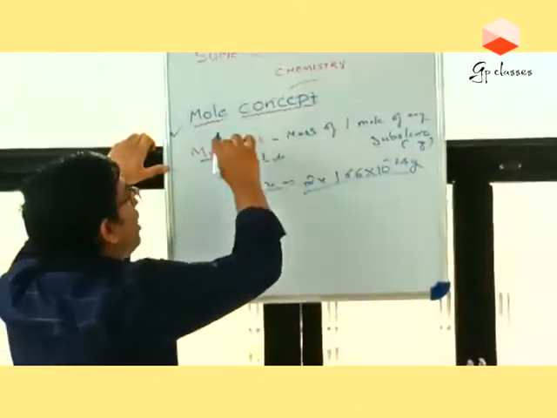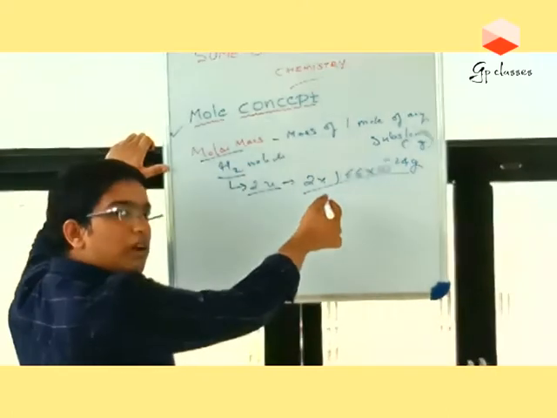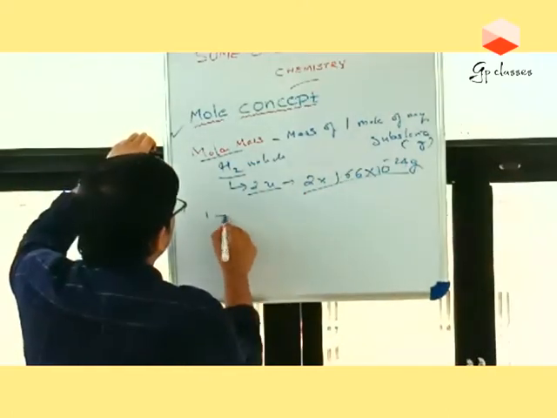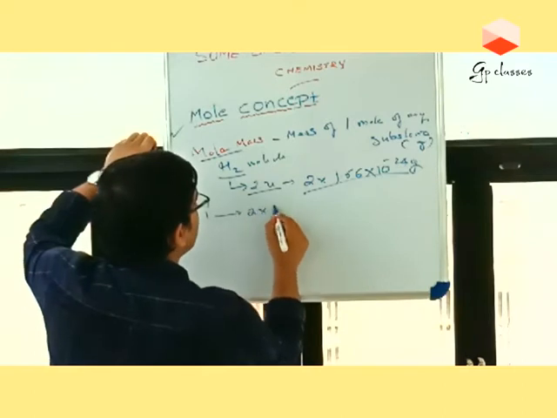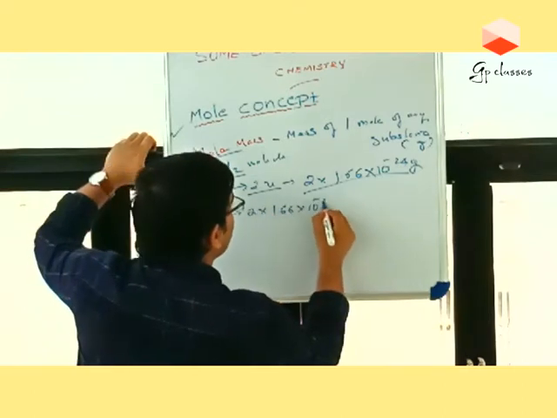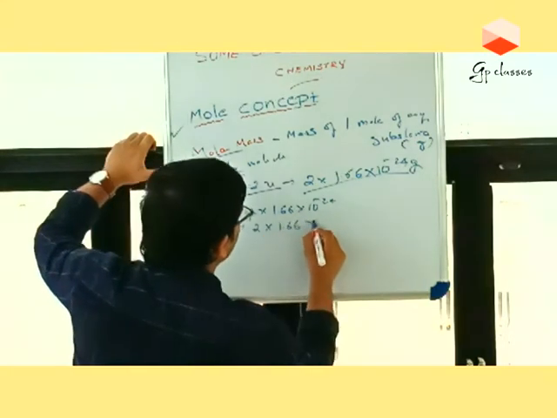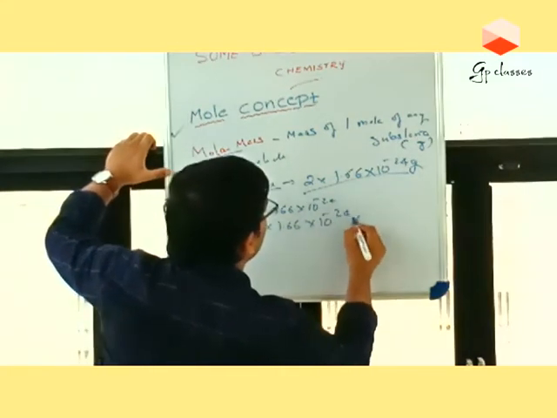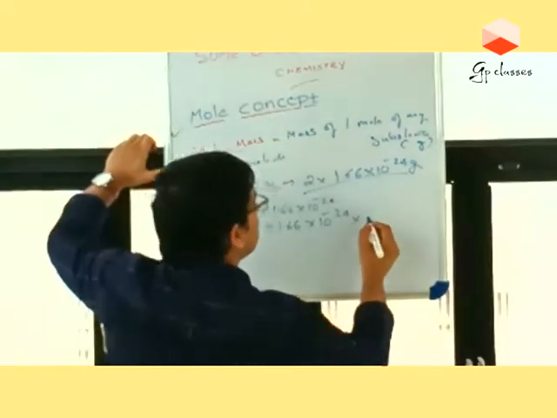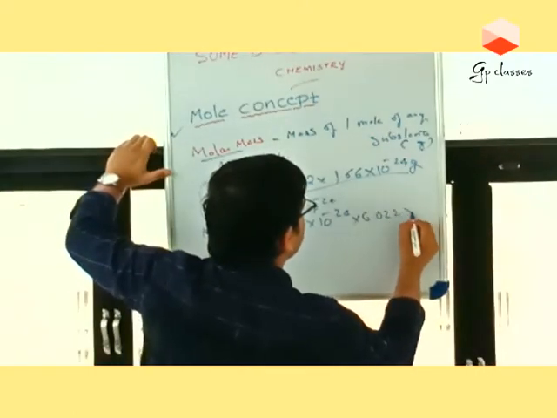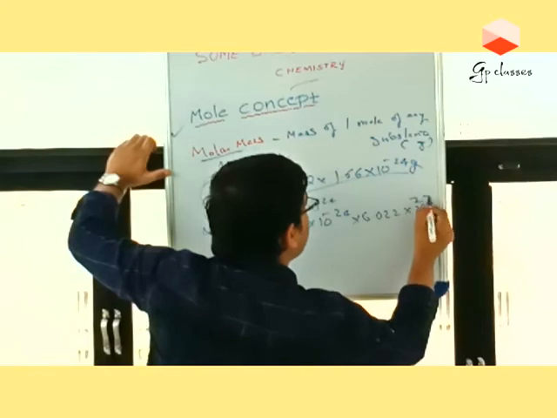In the case of molar mass, you need Avogadro number of hydrogen molecules. So the mass of one molecule is 2 into 1.66 into 10 raised to minus 24, and the mass of a mole is 2 into 1.66 into 10 raised to minus 24 into Avogadro number, that is 6.022 into 10 raised to 23.